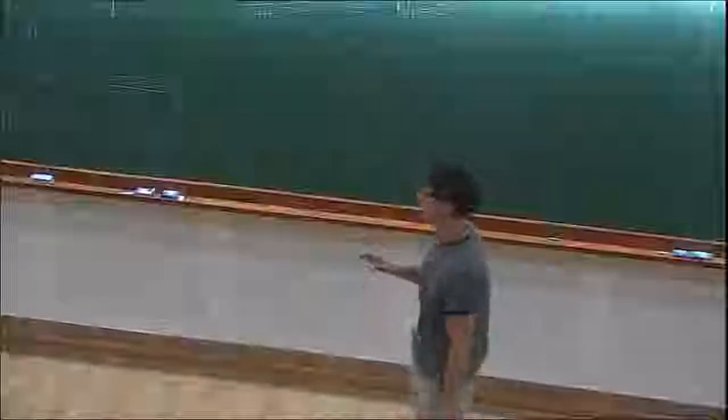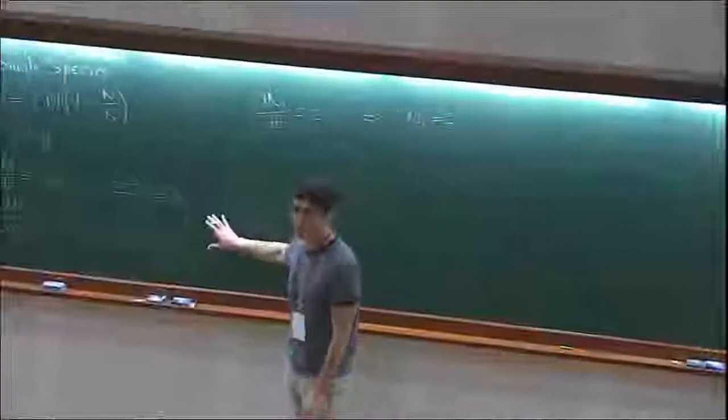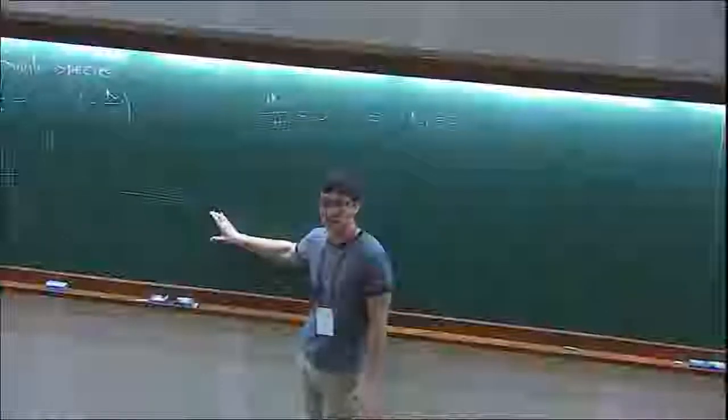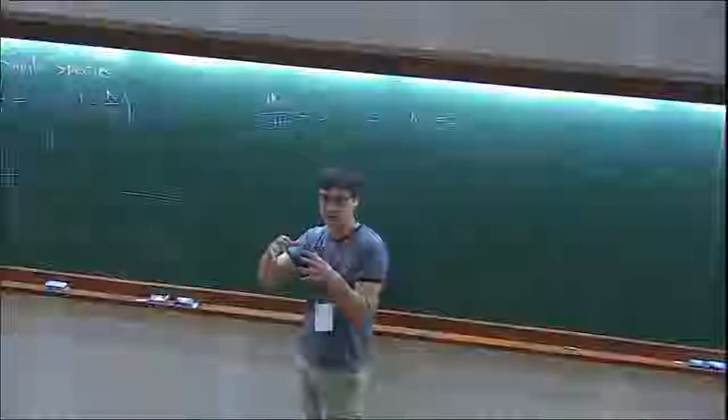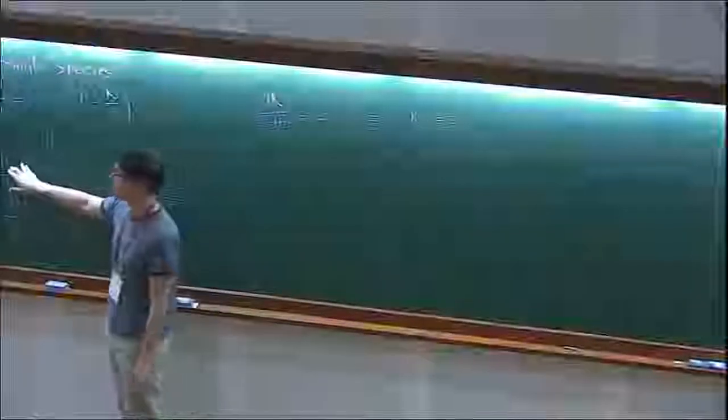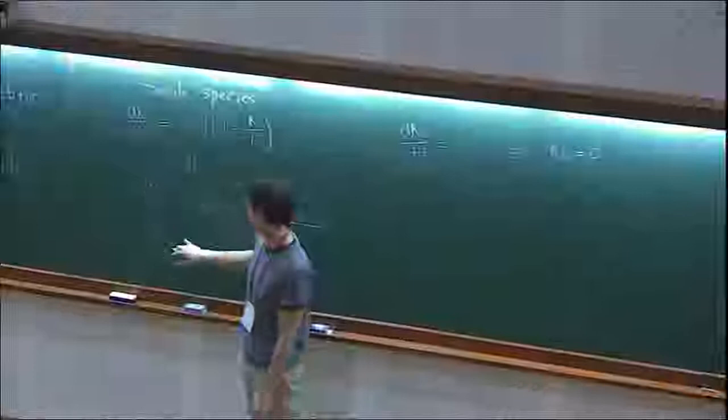Yeah, so we're assuming that this is a model of a well-mixed community where they're competing in the same location. So what we're now asking about is the number of individuals of species 1 and the number of individuals of species 2 within that environment.